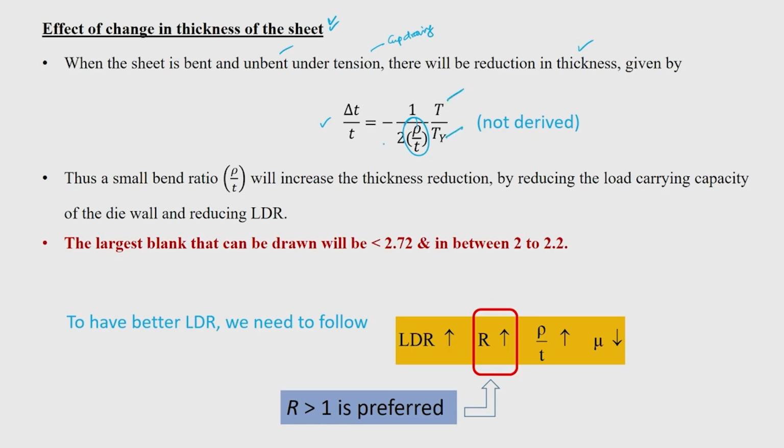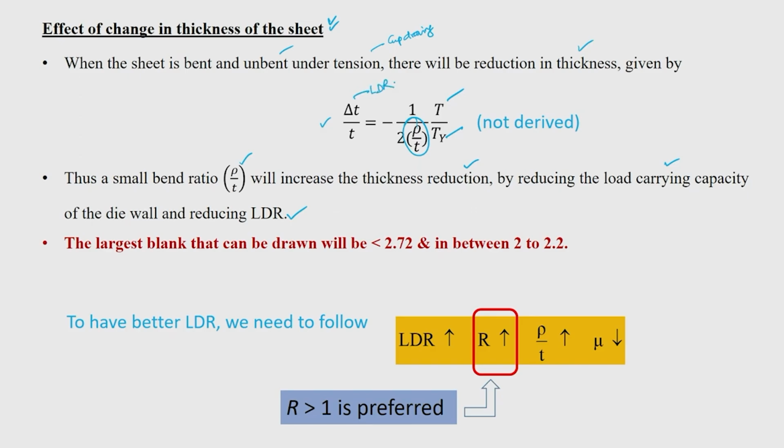You will see from this equation that a small bend ratio rho by T will increase the thickness reduction, and that is going to reduce the load carrying capacity of the die wall, and it is going to reduce the LDR. From this equation we can find one important relationship between bend ratio and del T. Del T is connected to LDR.